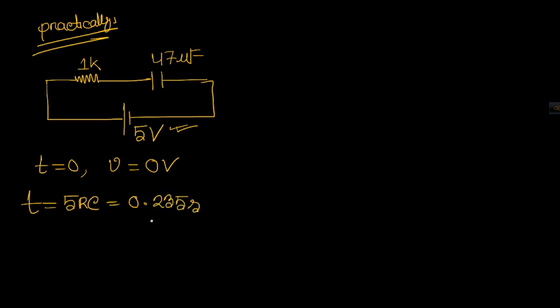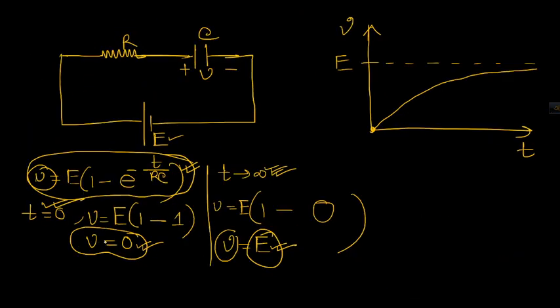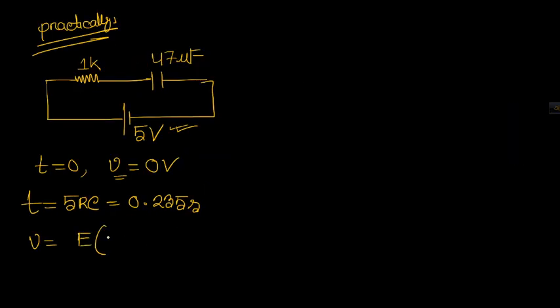Let's see what the voltage will be. V is equal to E times (1 minus e to the power minus t by RC). With t equal to 5 RC, the RC in the numerator and denominator will cancel.